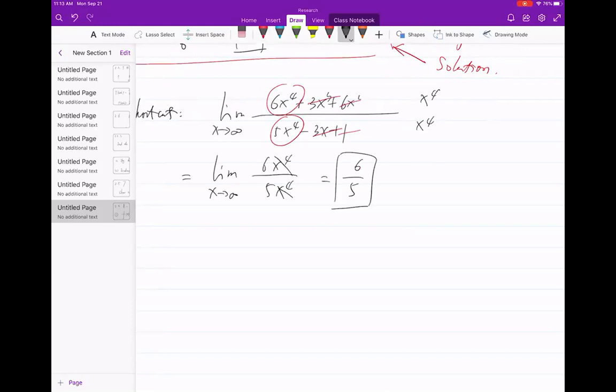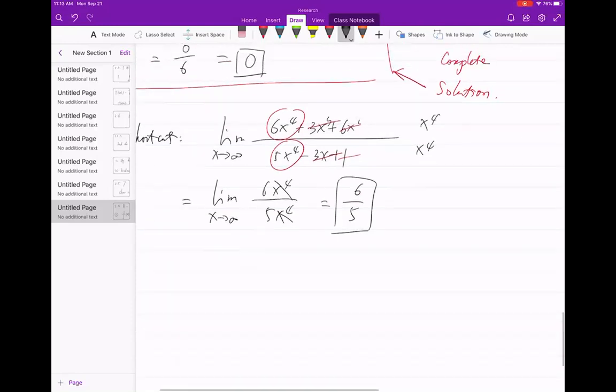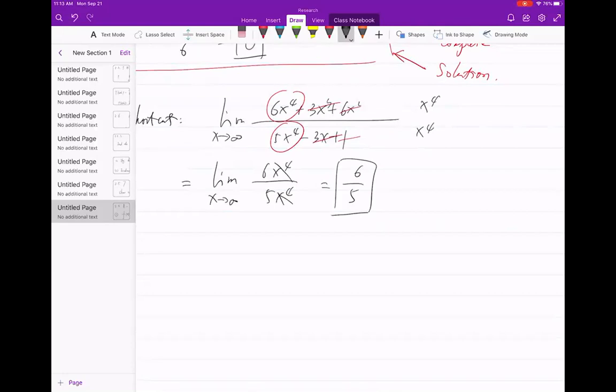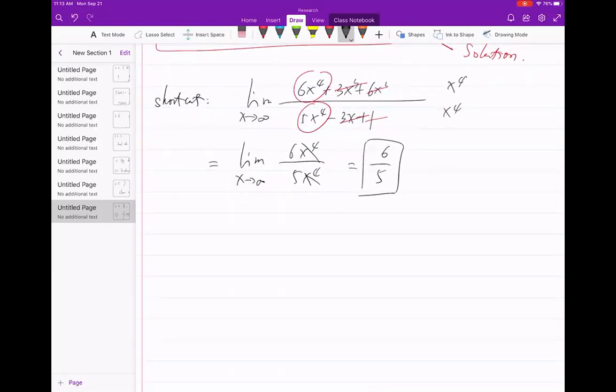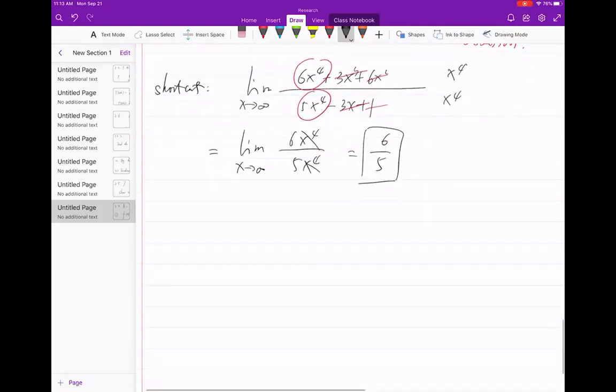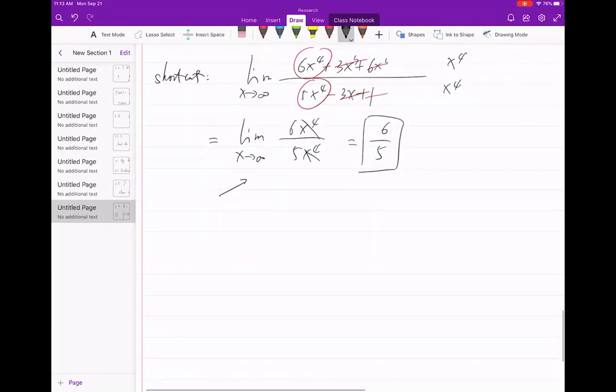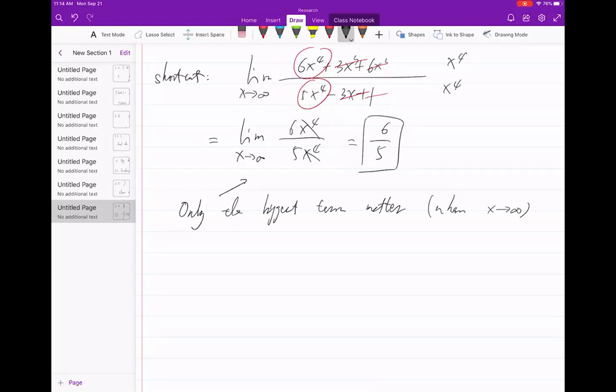This cannot serve as a complete solution because you use a shortcut. But if I don't ask you to show the work, you can use this one quickly. Okay? There's no stopping you from that. The idea is that only the biggest one matters, thanks to x going to infinity. In general, every term matters, but when x is big, only the biggest one matters.